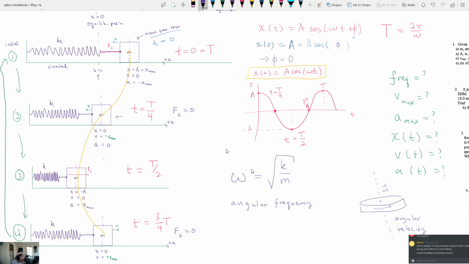For any type of periodic motion, we can describe period, frequency, and angular frequency. A rotating object has a lot of the same properties, right? Let's say your angular velocity is 2 pi radians per second. You can use that to figure out period.